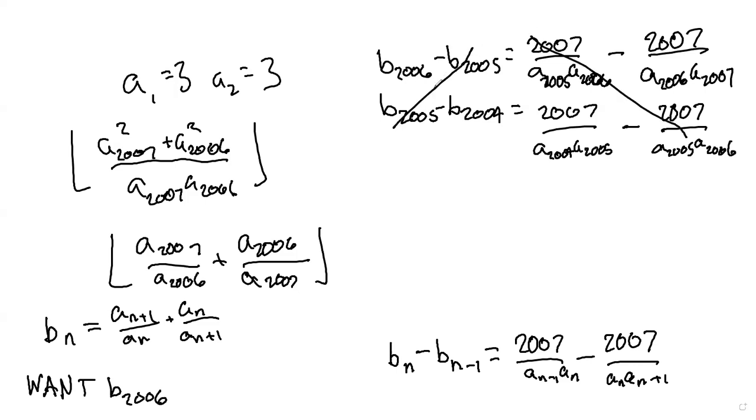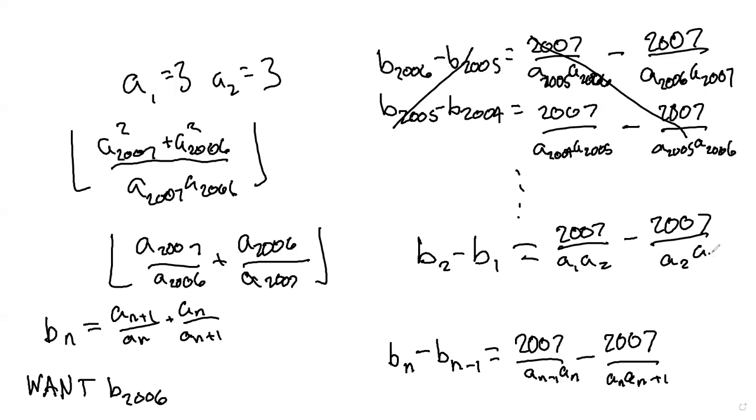And these cancel. All right, we can keep going, and we get all the way down to b sub 2 minus b sub 1. We stop at 1 because that's the first term that's defined, over a sub 1, a sub 2 minus 2007 over a sub 2, a sub 3. And we just continue these lines like that.